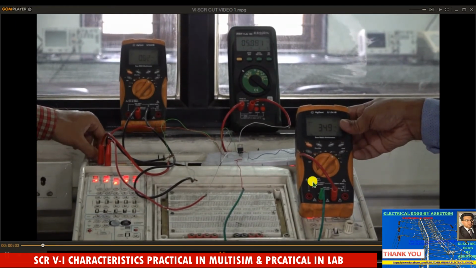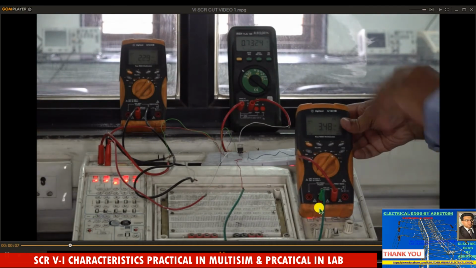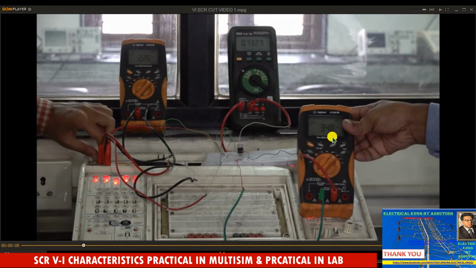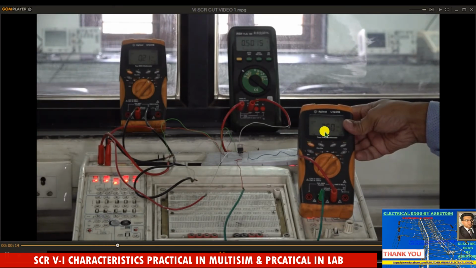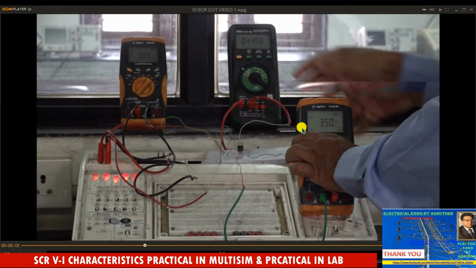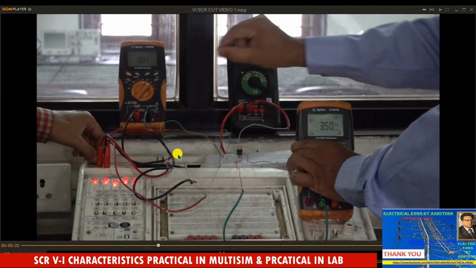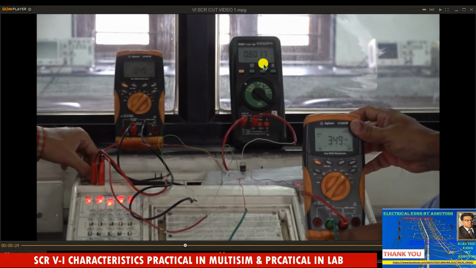This is the ammeter for gate current, and it is fixed first. It is provided 3.5, and then we increase the SCR anode to cathode voltage.